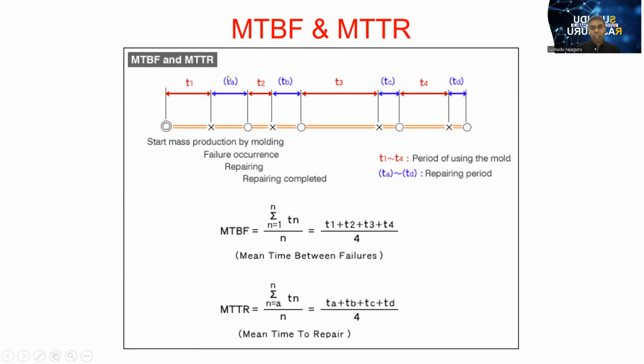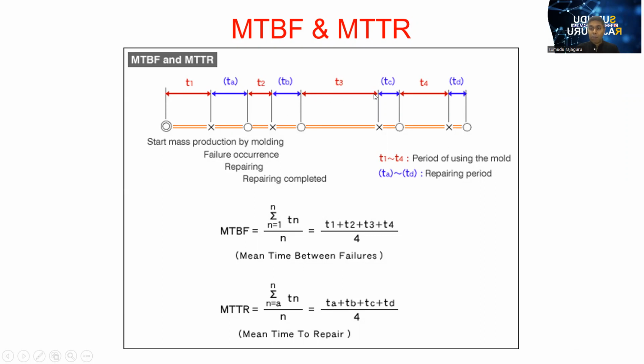That repair duration is mentioned in blue color as TA time. After repair, we start the machine again and run it for T2 time. After T2, a breakdown happens again. Then we repair for TB time. Now it is ready to run.